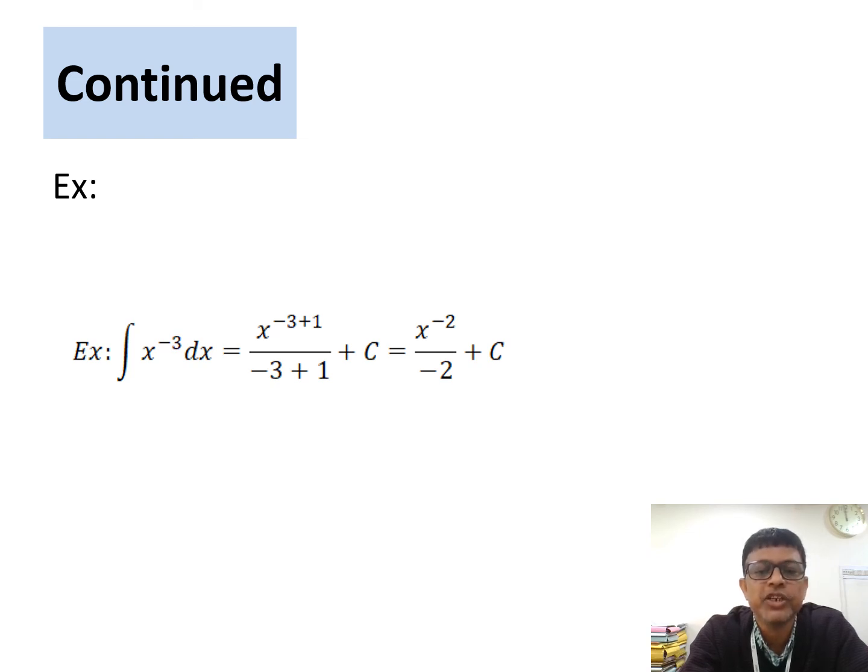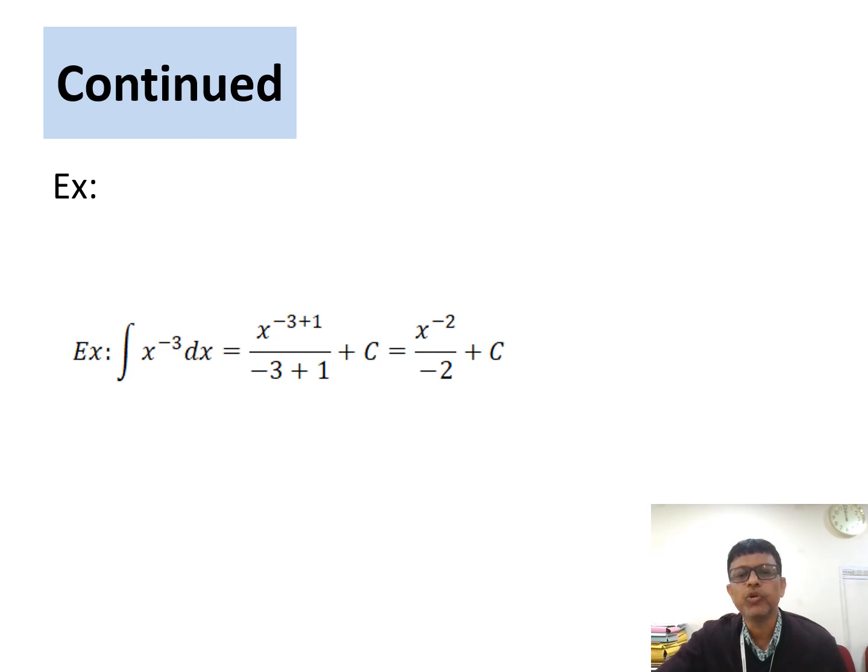This equals x to the power minus 2 by minus 2, because minus 3 plus 1 is minus 2. As I told in the previous slide, the power of x is equal to the denominator. So the power of x is minus 2 and the denominator is also minus 2, plus c. Similarly, we can solve many questions by using the integration of x to the power n formula.